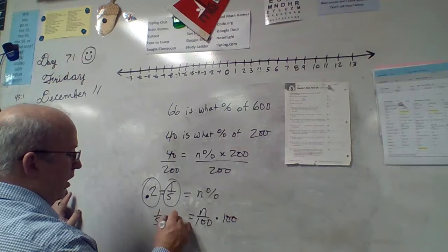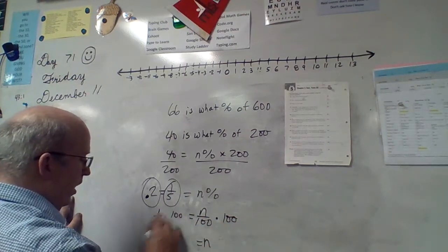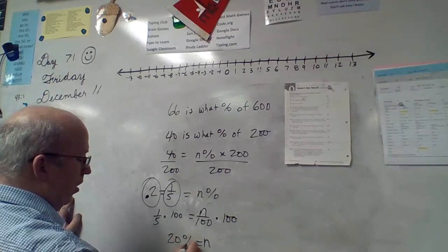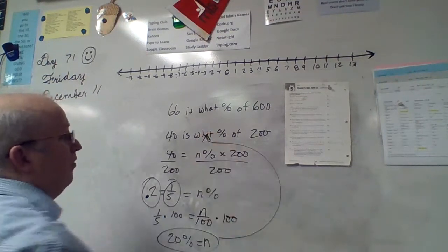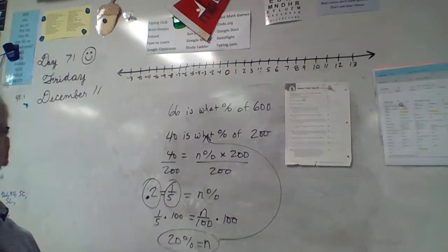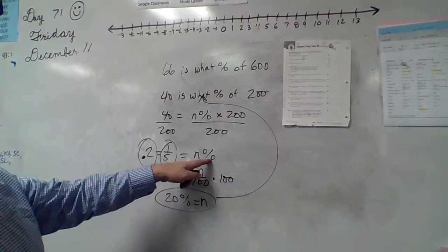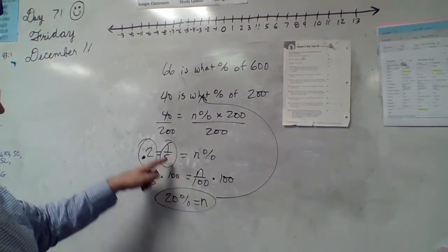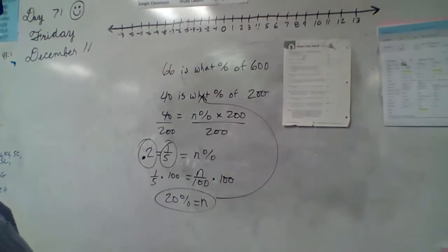So 1/5 times 100, n over 100 times 100, and my n equals 20%. Because remember, our goal is to find the percent value in this, right? So that's what we did. We changed n percent into n, and when we do that, that changed that decimal number into a percent value of 20%.